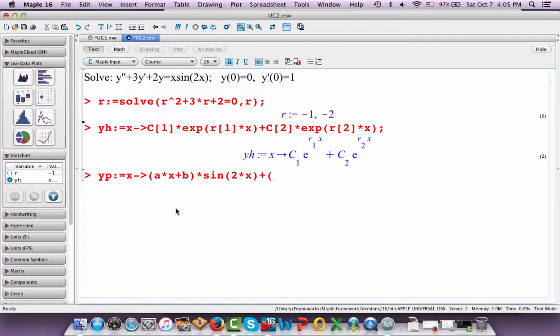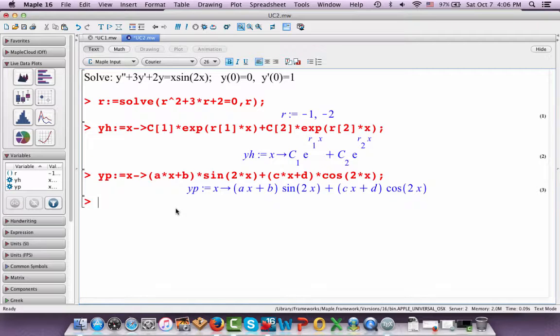And then we're going to do a second term with a linear term, c times x plus d. I'm using lowercase letters because some of the uppercase letters are restricted in Maple, and since I'm using a lowercase c here, that's why I used capital C's for C1 and C2. And we have to multiply that by the cosine of 2 times x. So that's our general guess. That's the format that we would need to have. And the undetermined coefficients are just a, b, c, and d.